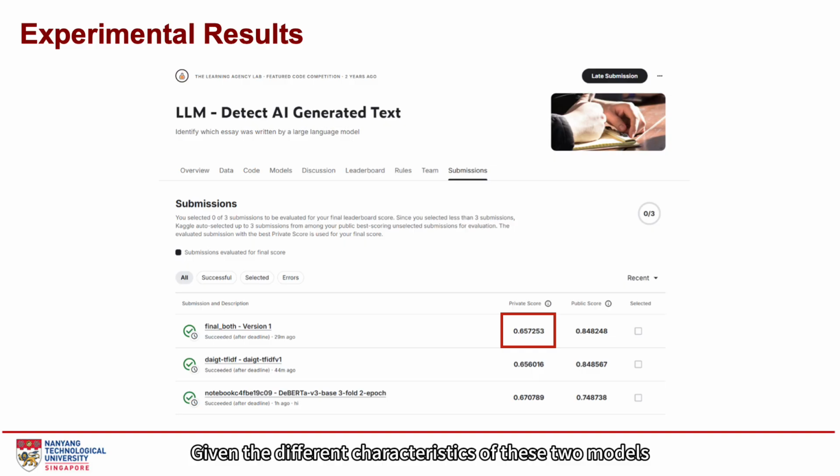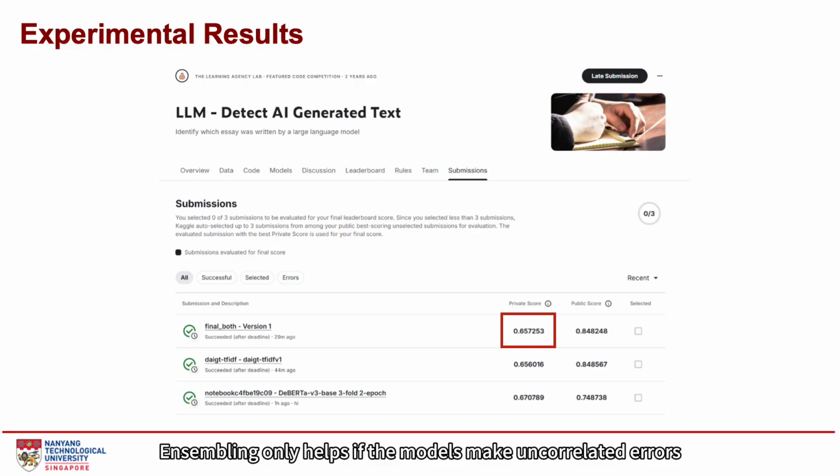Given the different characteristics of these two models, we attempted a 50-50 weighted ensemble. However, the ensemble only achieved 0.6573 on the private LB, which is actually lower than using DeBerta alone. Our analysis for this outcome is straightforward.